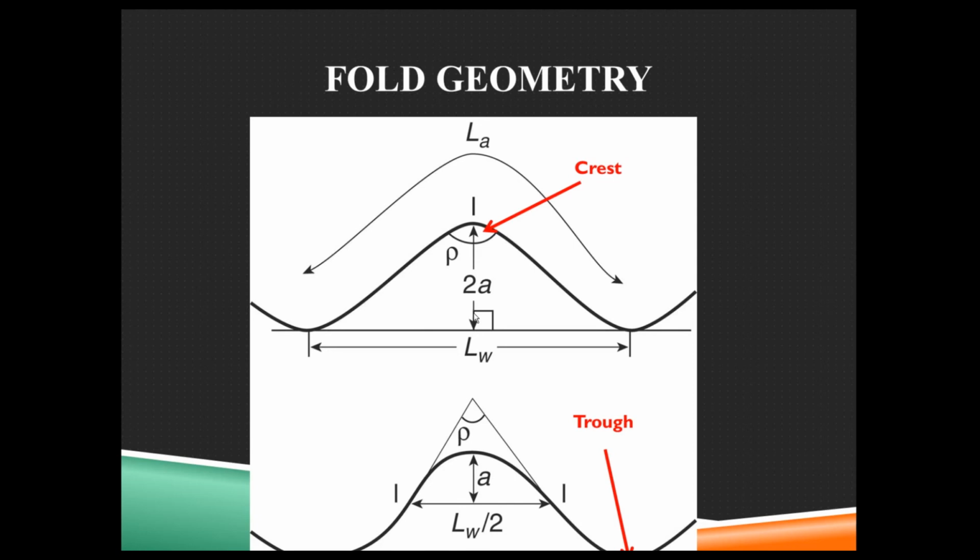On the other hand, if we go all the way down to the trough from the peak or the crest, both peak and crest are appropriate. So from the crest all the way to the trough, 2 amplitudes, 2 lowercase a, then the width of the fold is the wavelength. So you can see here wavelength, and then arc length. You can see the trough, the crest or peak, and then 2 amplitude and 1 amplitude.